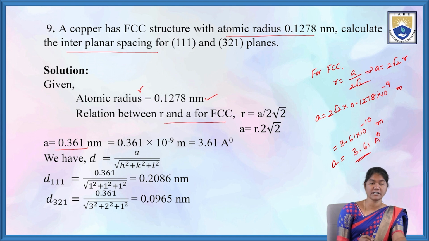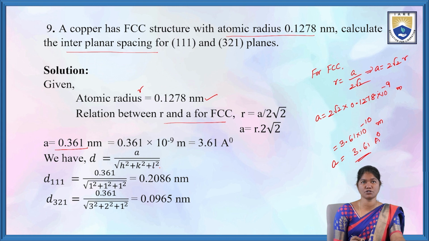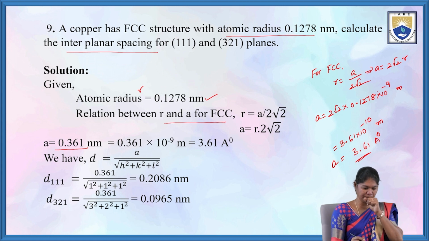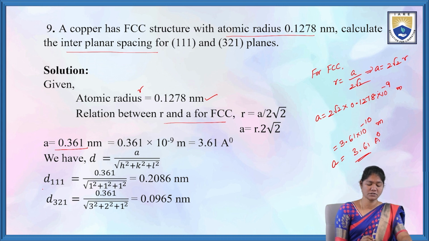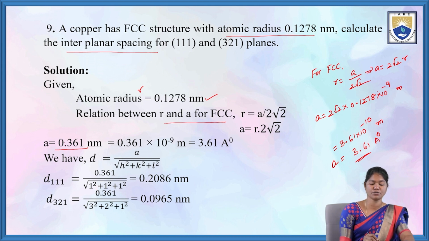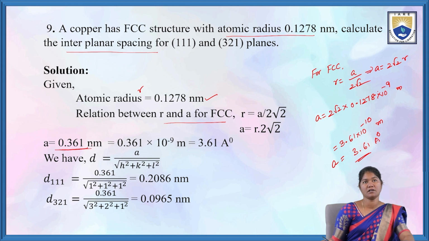So we need to calculate the interplanar spacing. D equals A by root of H square plus K square plus L square. So for the plane D111, A is 0.361 nanometers; we'll write in nanometers itself.